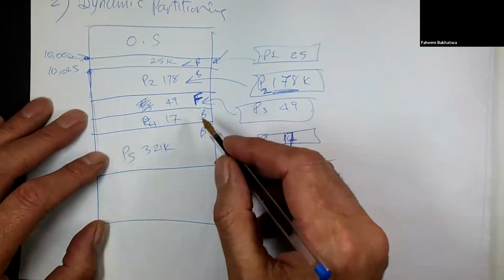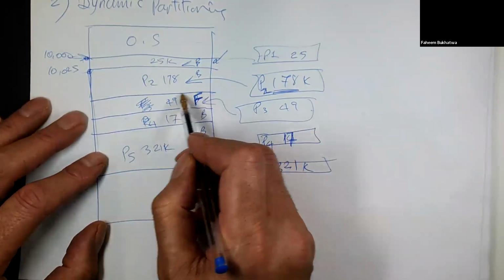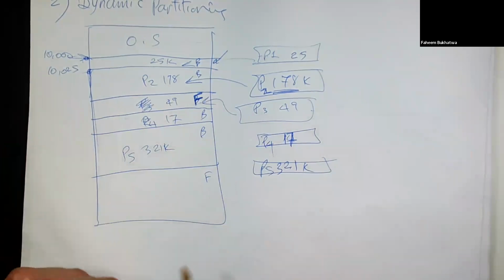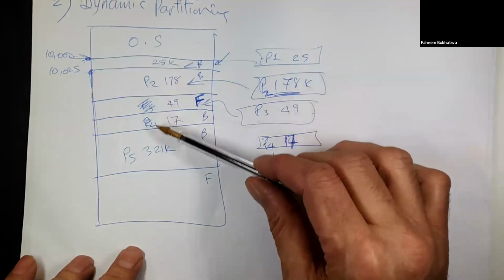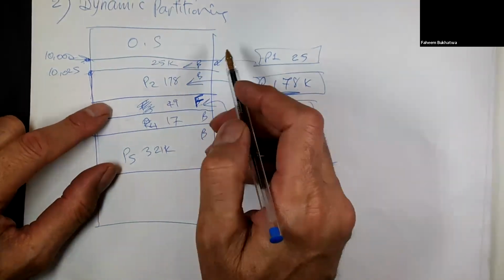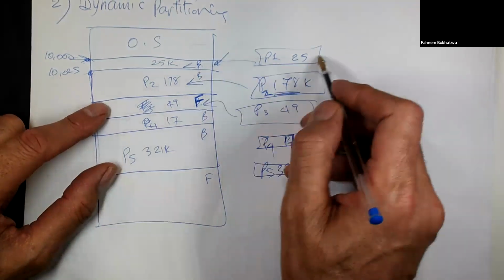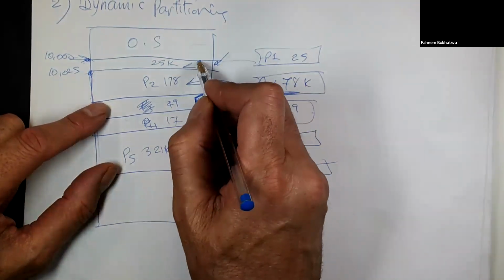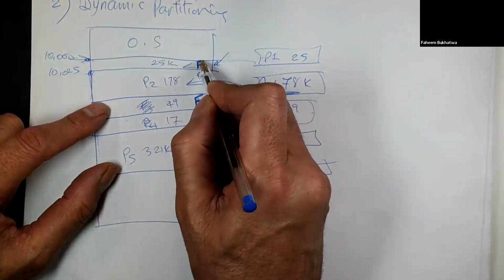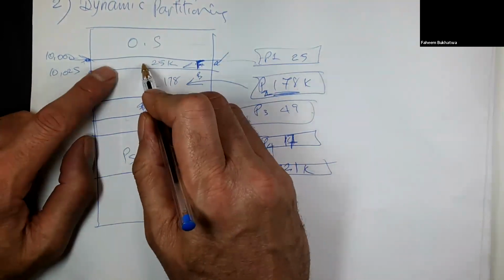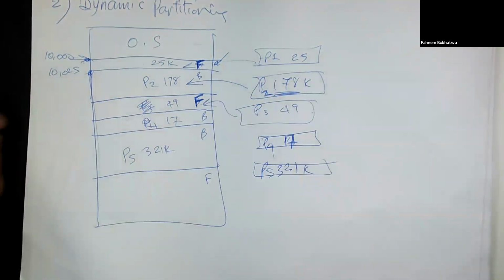So now we have 2 free blocks: this 49K and the big one, the rest of memory. So now you're going to start a list of free blocks. Each one of those is a separate block. Let's say now this first program number 1 finished as well. So this block is free as well. This is size 25, this is size 49.